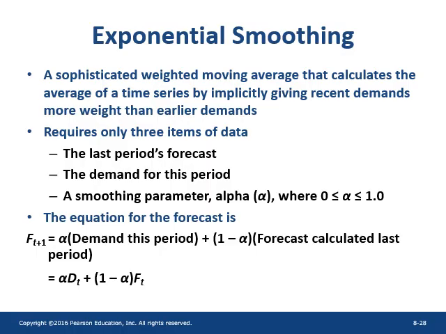Or you could say it's equal to F of t plus alpha times the error, which is D of t minus F of t. You could rewrite that formula that way. So essentially our forecast for a coming period is just what the forecast was for the prior period, adjusted on the basis of the error that we experienced in the prior period. Let's take a look at how this works.